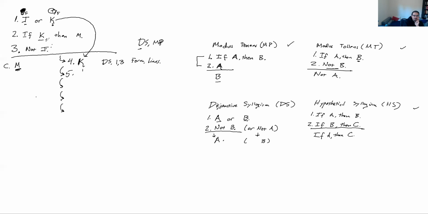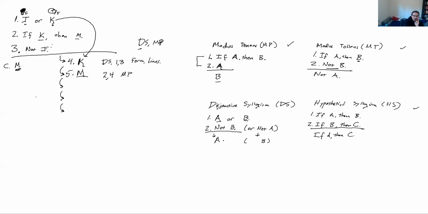Now we look at line 2, it says, if K is true, then M must be true. Well, since we have now established that K is true, that allows M to be true here. From line 2 and line 4, MP, we have proven that M is true.